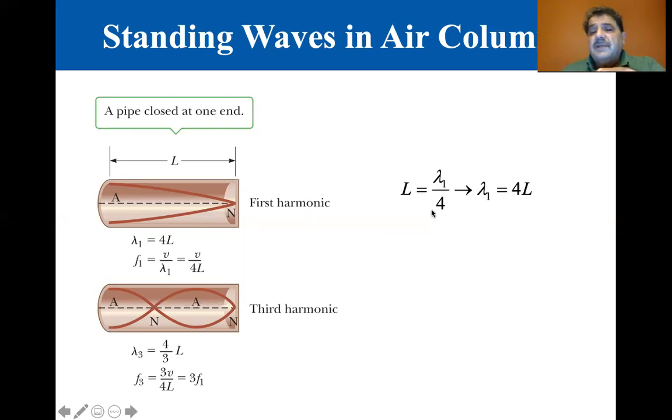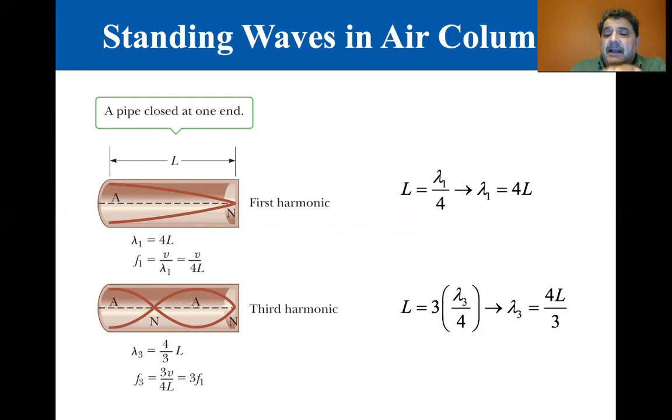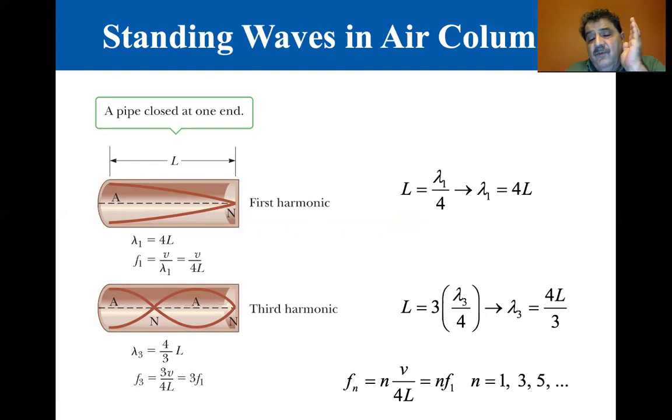So L equals lambda 1 over 4, so lambda 1 equals 4L. L equals 3/4 lambda 3, so lambda 3 equals 4/3 L. So the harmonics, Fn, is equal to N times V over 4L, equals N F1. So N in this case is 1, 3, 5, 7, 9, and so forth. It's only the odd harmonics.